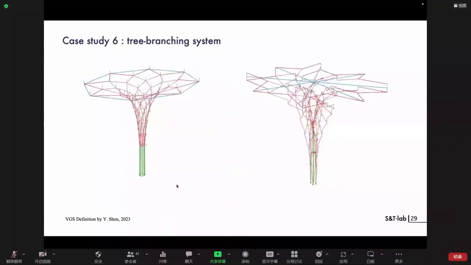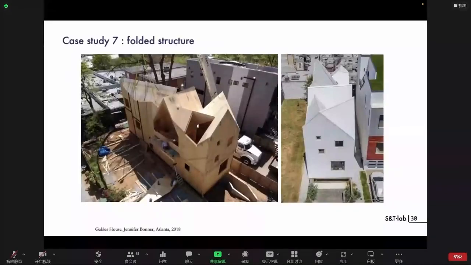Well, again, a structure that Denis presented a few minutes ago, a house made of cross-laminated timber panels. This is a single roof made of six gable roofs.